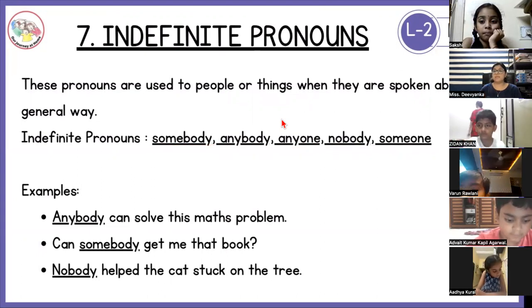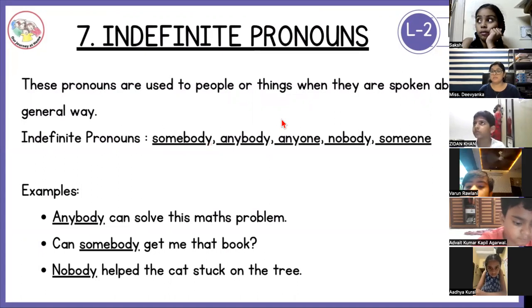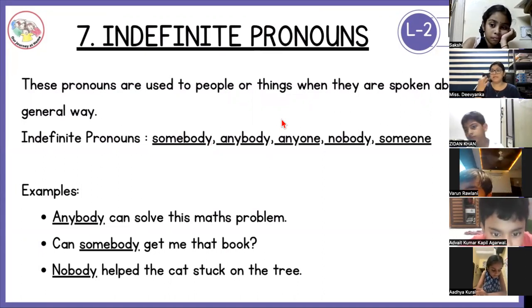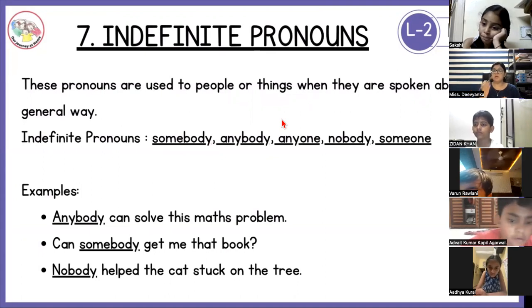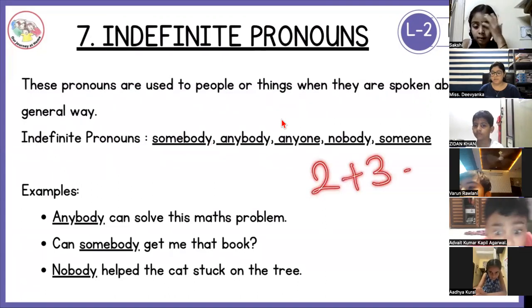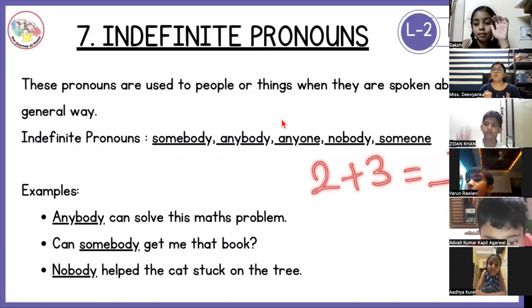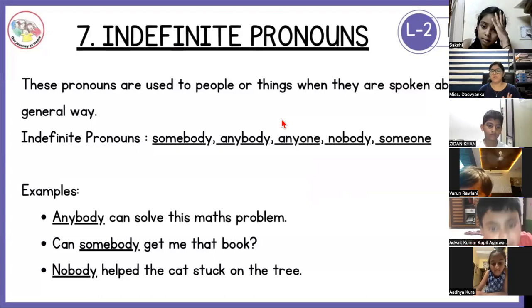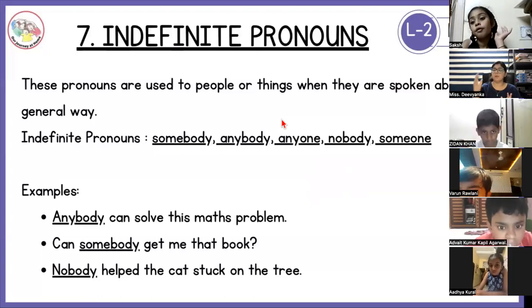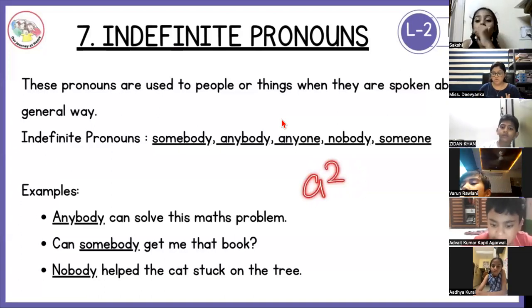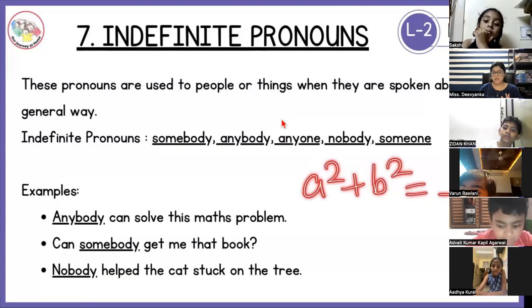Like in a sentence also I say, can someone tell me what this is? Then anyone from the group can answer by raising their hand, isn't it? I say this sentence very often. Similarly, I can say anybody from this group can solve this question. Can you solve this question? Right. So I'm talking about everybody in the group right now. But if I say nobody knows what this is, is that correct?